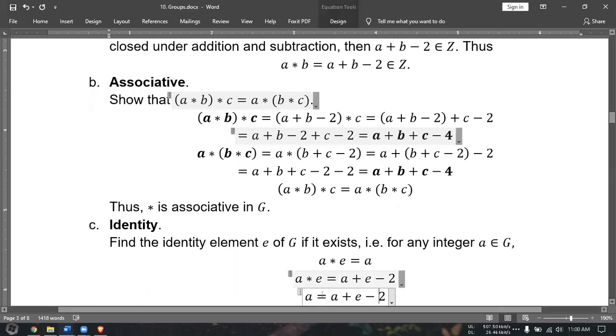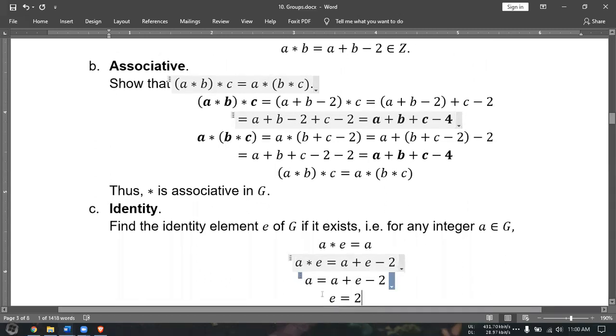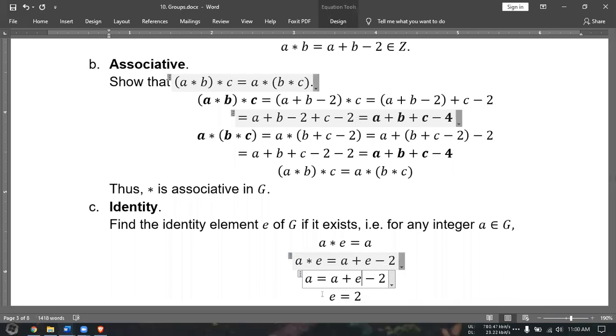And then we know that when we operate any integer A with our identity element, our result is A. Now, solving for E, isolate natin yung E sa isang side ng equation and then solve for the value of E. We have now 2.